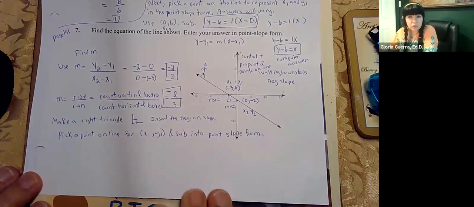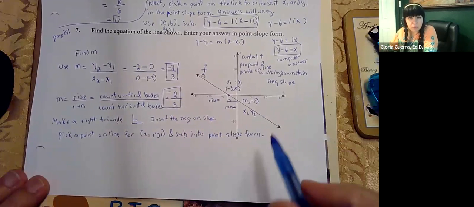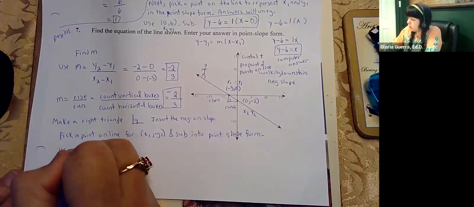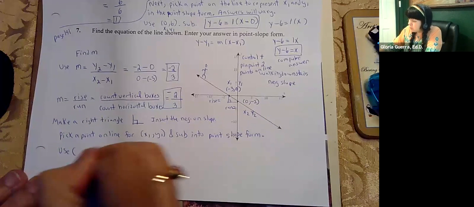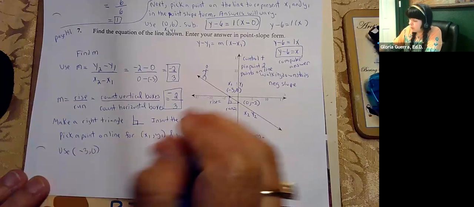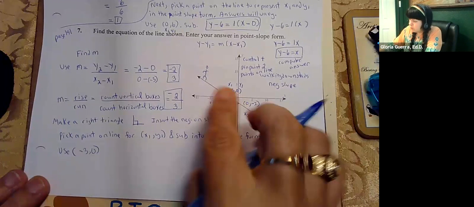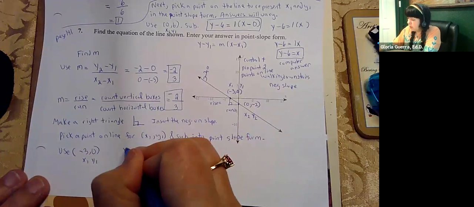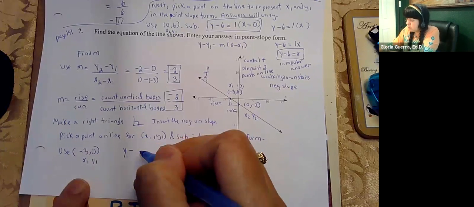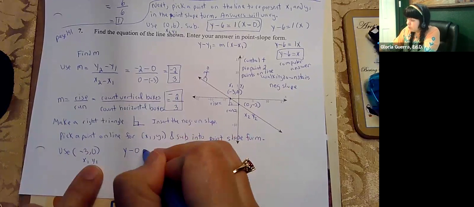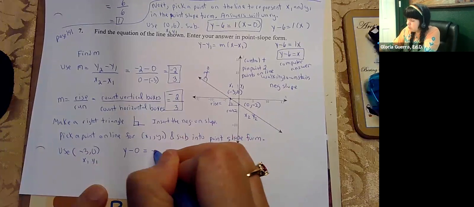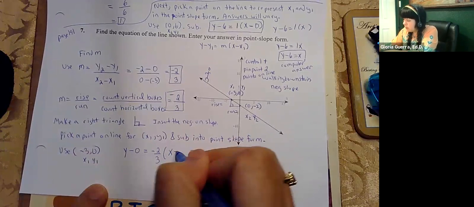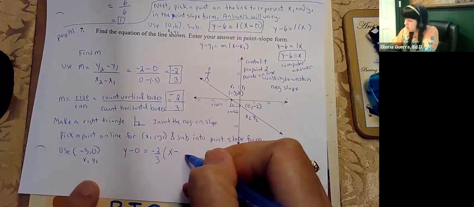So if I just go with the x1, y1 that we chose here, if we use -3, 0, because we call that x1, y1, then we have y take away y1, which is 0, equals m, and you know m is -2/3, parenthesis, x take away x1, and x1 is -3.